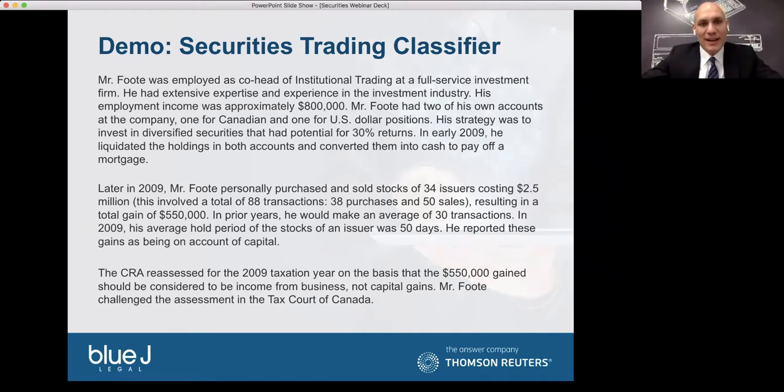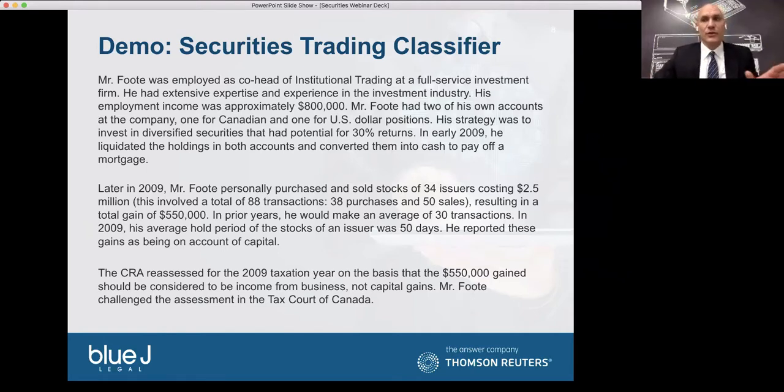Mr. Foote was employed as a co-head of institutional trading at a finance company. Lots of experience and expertise in the investment industry. He earned a lot of money, around $800,000 a year in this position.